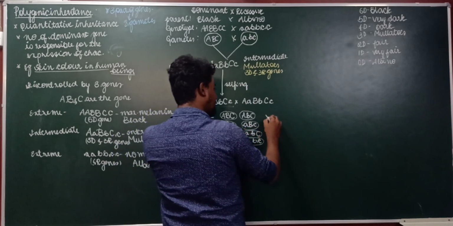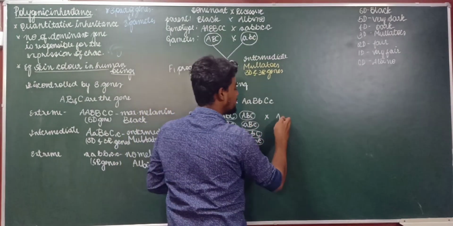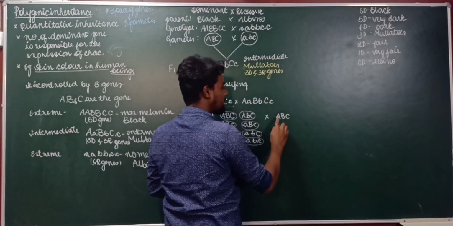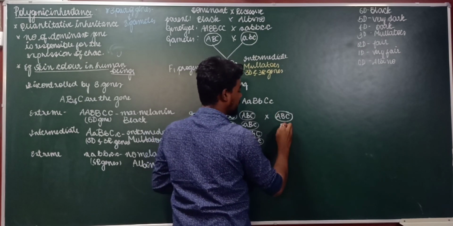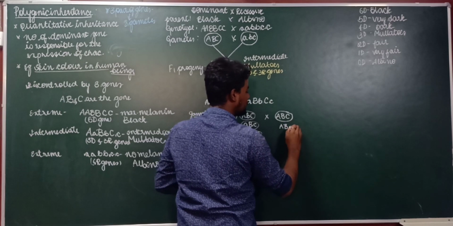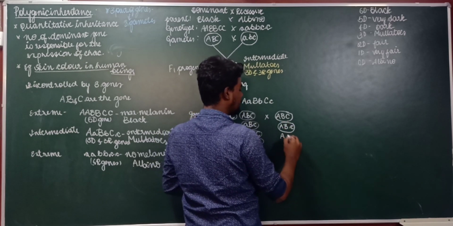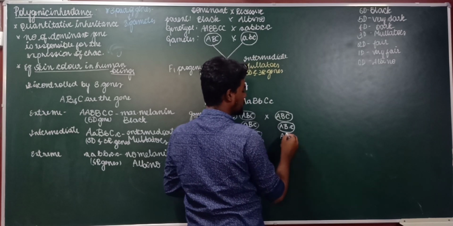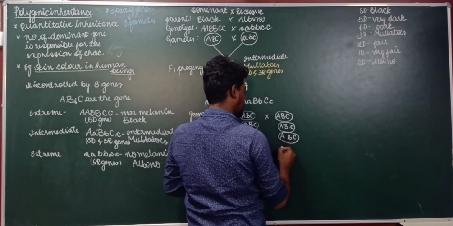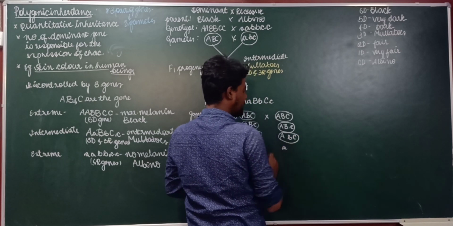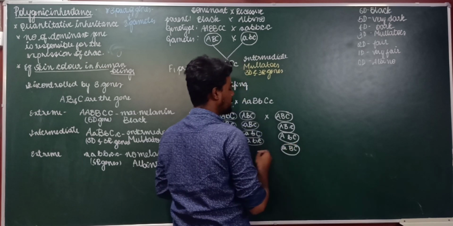And again we'll write it. This is also of the same type. For convenience, we'll write it. I am repeating it one more time. All capital letters, all dominant alleles. Next, the dominant alleles of A and B and the recessive allele of C. In the next one, take the dominant alleles of A and C, then the recessive allele of B, and the recessive allele of A with B and C dominant.